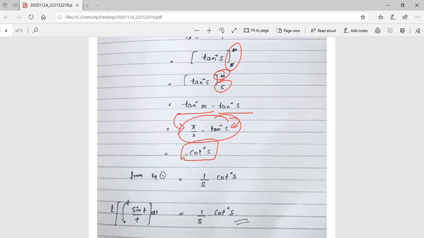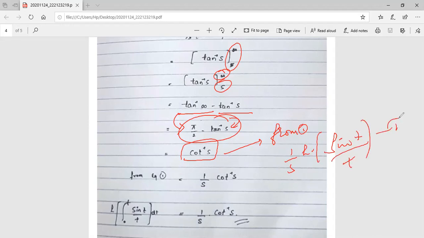Okay, and from your equation number 1 we have 1 by s into the Laplace transform of sin t by t, and this is your equation number 1.